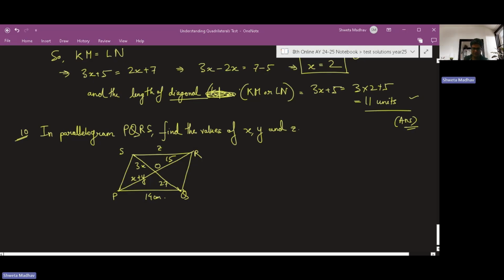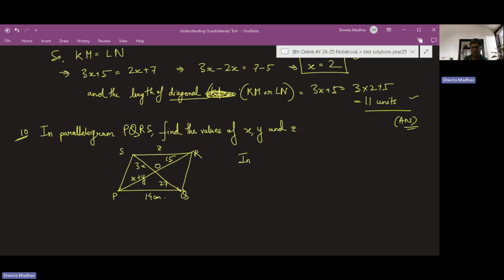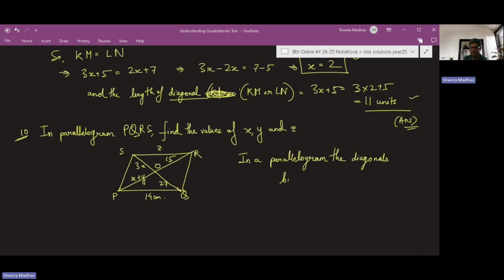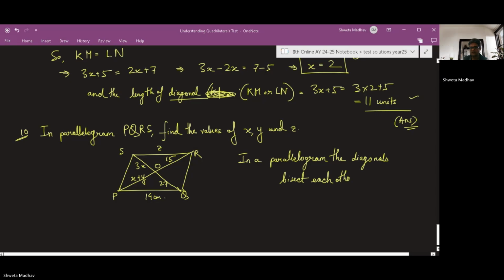Here we know that in a parallelogram, the diagonals bisect each other, and the opposite sides are equal.